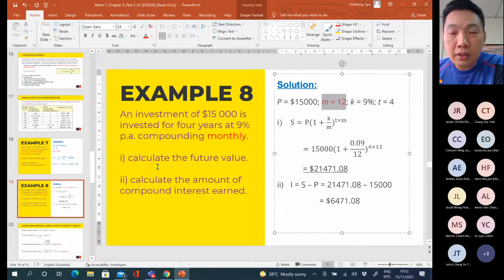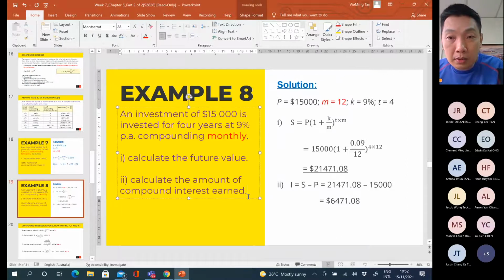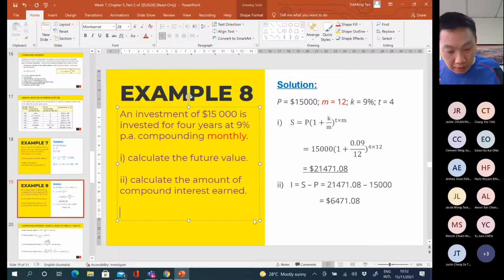Part 1. Calculate the future value. Future means the S value. Because this is a compounding question, we cannot use this formula anymore. Some students may ask, can we use P plus I? Actually, we can also use this formula, but the problem now is we don't have the I value.